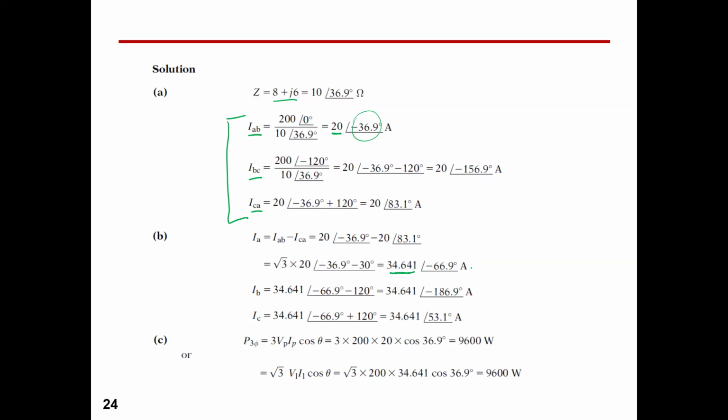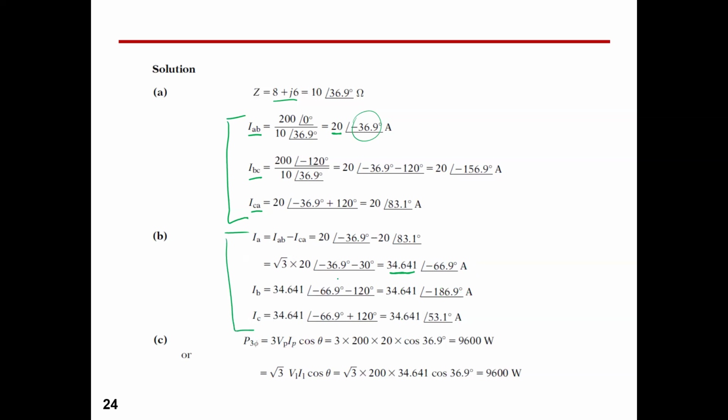And the angle is the angle of the first phase AB minus 30 degrees, which is minus 66.9. You can do the same for the other lines: the same magnitude and shift the angles by minus 120 and plus 120. So these would be the three line currents.